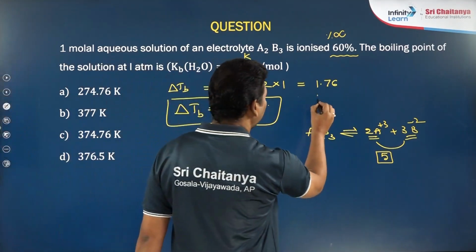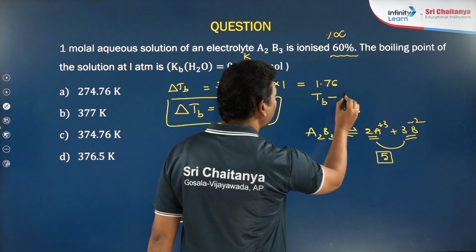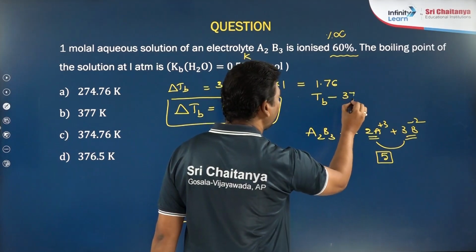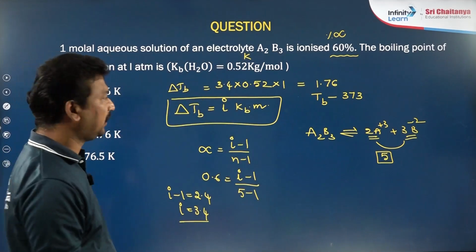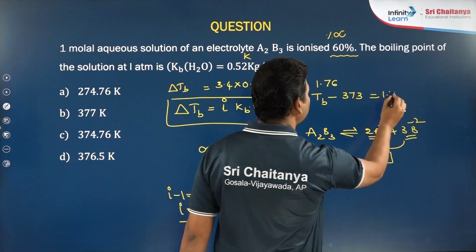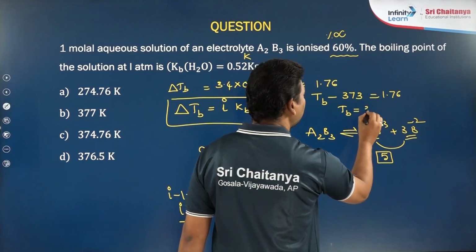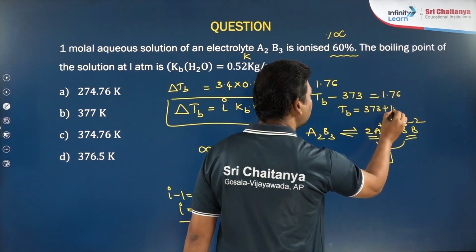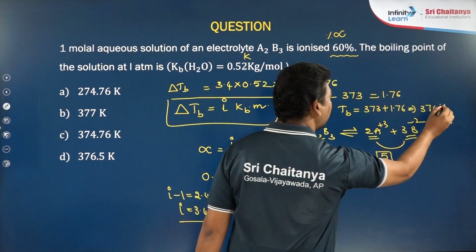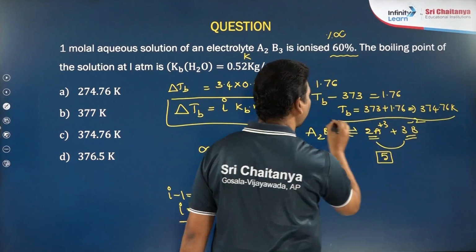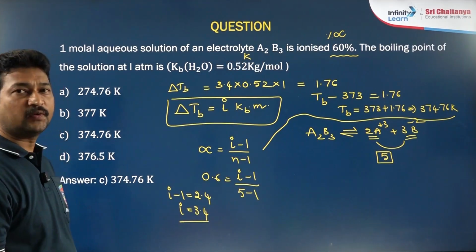Expanding delta Tb, it is Tb minus Tb naught, where Tb naught is the boiling point of the pure solvent, the boiling point of water. The boiling point of water is 373 K, so 373 plus 1.76 gives the boiling point of the solution, which is 374.76 Kelvin.